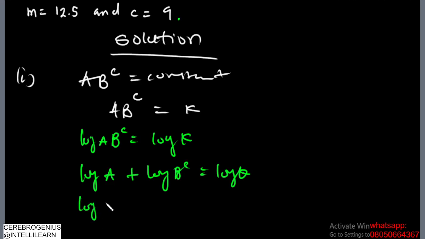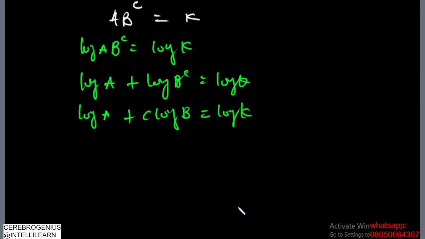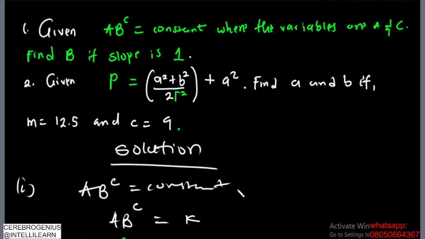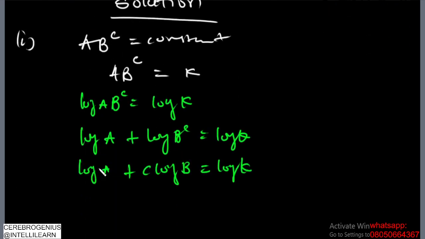And you're going to have log a plus c log b equal to log k. If you take it to the other side, you're going to have log a equal to minus c log b plus log k.